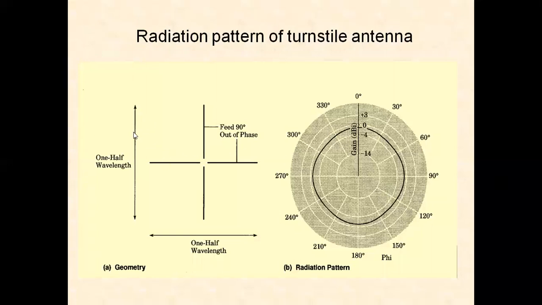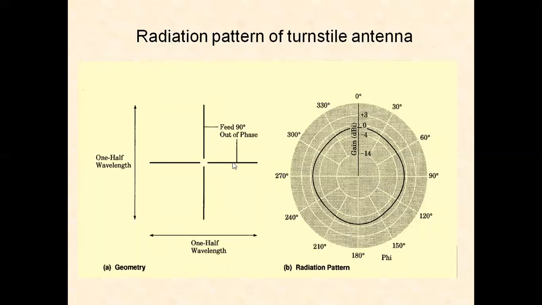So we have one half wavelength. This is one antenna, that is one folded dipole, whose length is lambda by 2. Another folded dipole, whose length is also equal to lambda by 2.